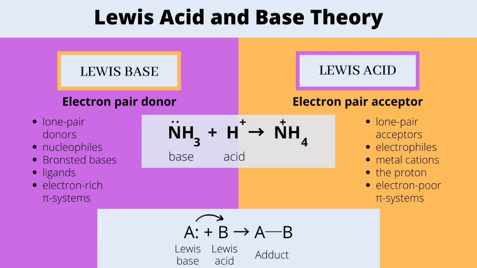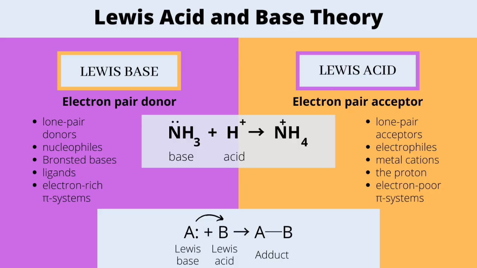Now Lewis' theory of acids is another theory. A Lewis acid is a substance which can accept a pair of electrons to form a coordinate linkage. That's an electron acceptor. So like we say Cu2 plus, H plus, Fe2 plus are all Lewis acids because they are able to accept electrons. Also, atoms, ions or molecules with an incomplete octet of electrons are Lewis acids.